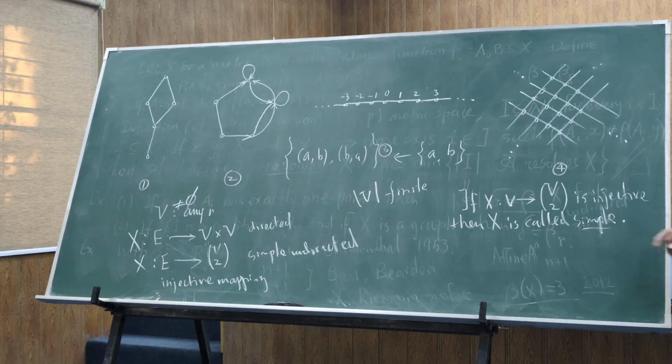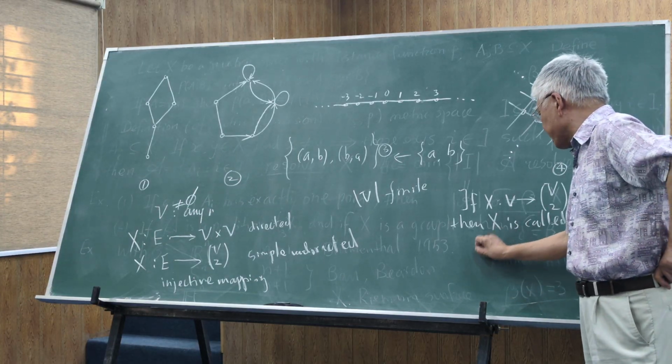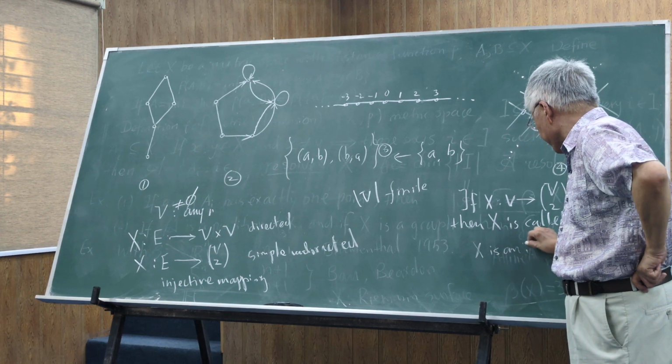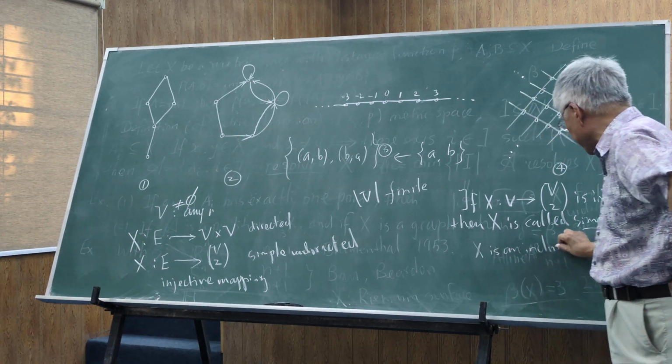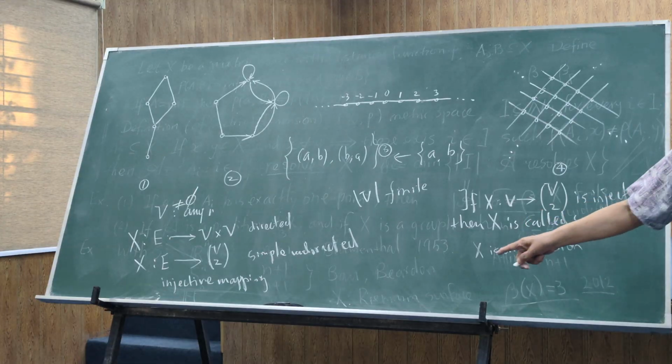Not only so, any injective marking can be considered as an embedding, right? In this case, X is an embedding, an inclusion. Inclusion is also called embedding. If it is an embedding, then what do we recover? This.